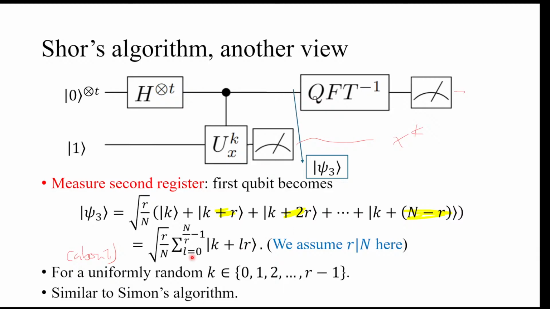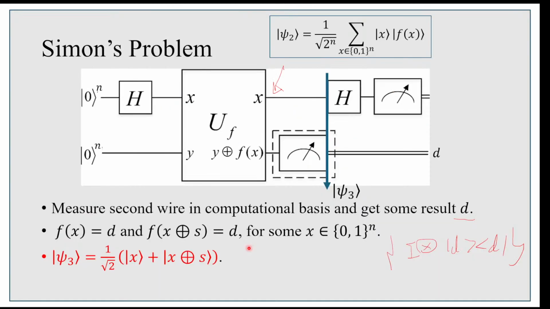You get k, k plus r, k plus 2r, etc. So you get all those computational basis states spaced out by r. This idea is similar to Simon's algorithm, where you measure the function value and you project onto all the things that give you the same function value.